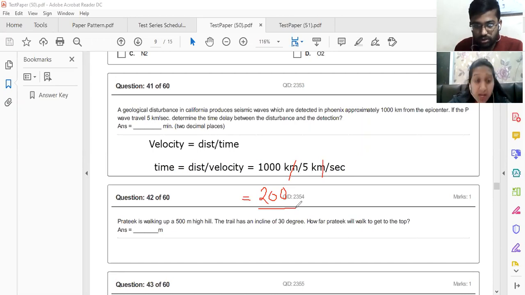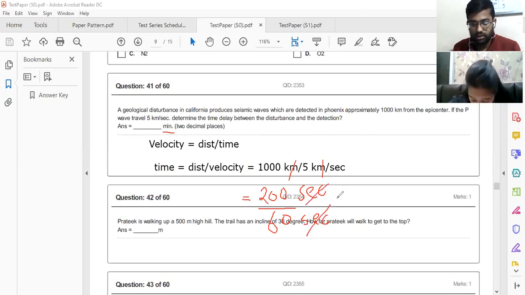But you need to calculate your answer in minutes. So now seconds to minutes, you have to convert. What will you do? Divide by 60. 1 minute is equal to 60 seconds. So now you have this 200 seconds, and 1 minute is equal to 60 seconds. So seconds get cancelled, and you'll get your answer in minutes.